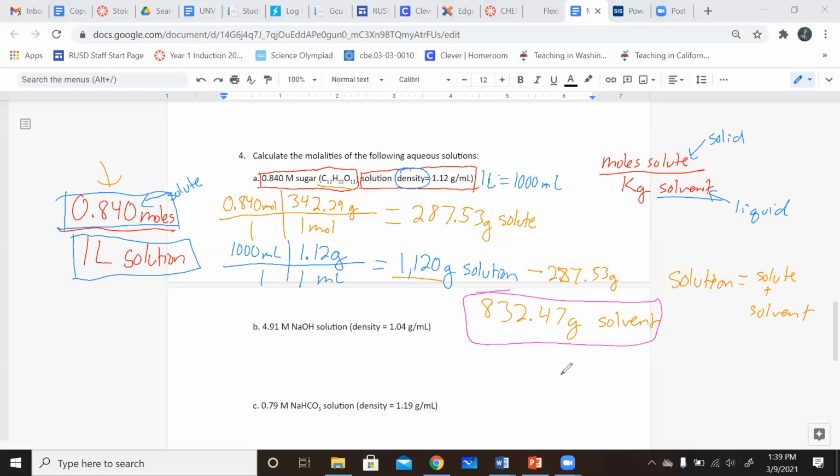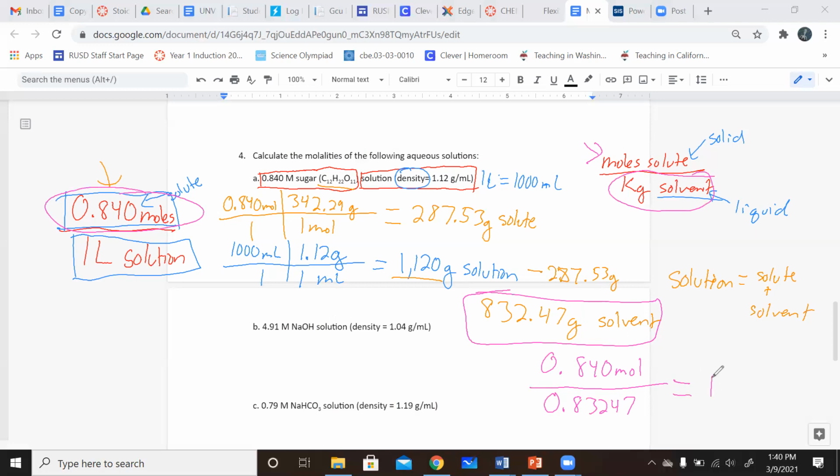Now, to get molality, if we recall from up here, molality is moles of solute, which we already know, divided by kilograms of solvent, which we figured out. So we take our 0.840 moles and divide it by this number in kilograms, so 0.83247, and that answer will be our molality.